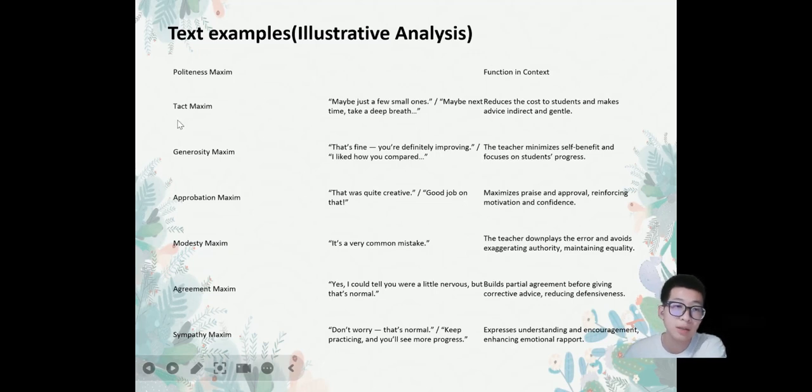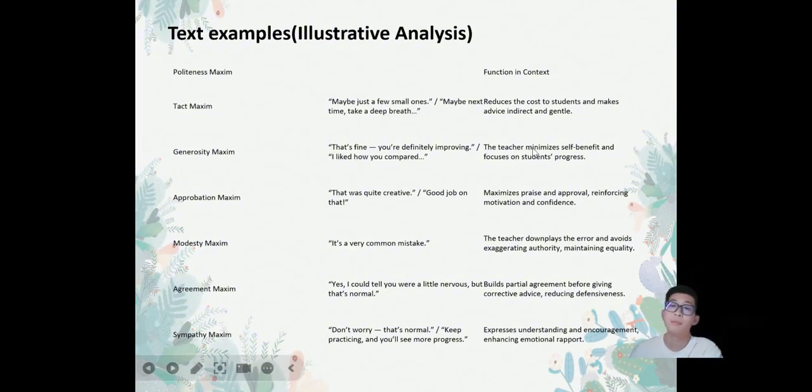And the generosity maxim: "That's fine, you're definitely improving. I like how you compared." In this sentence, the teacher first encourages what the students have done, saying they have made progress, and then mentions something students can improve.